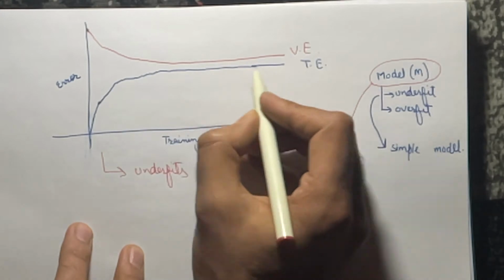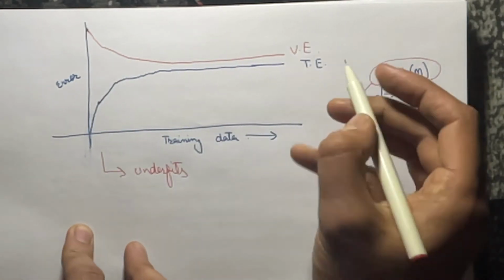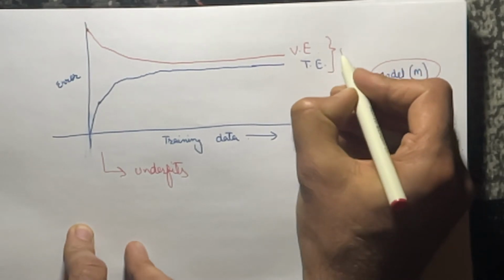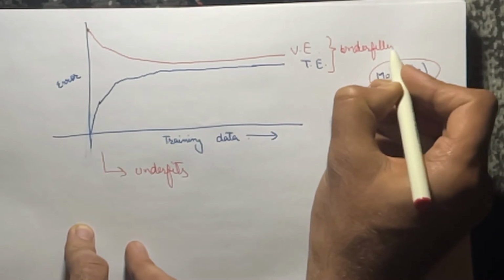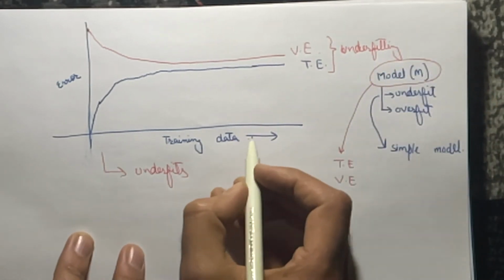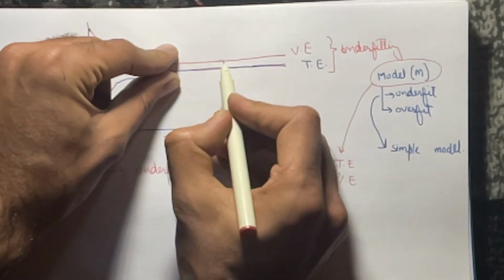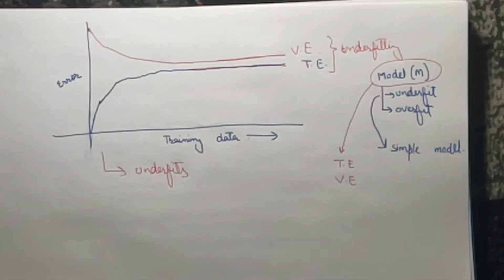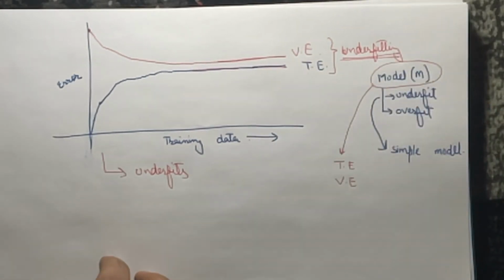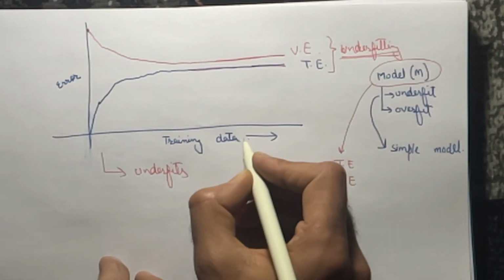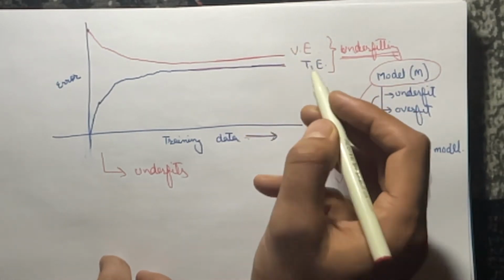You will see that both the training error and validation error are very high, and the model is underfitting. For large training data, these two curves, training error and validation error, are close to each other. Also, in an underfitted model, one important thing is that by further increasing the training data, there won't be any change in the error.